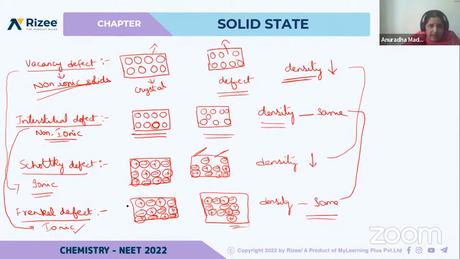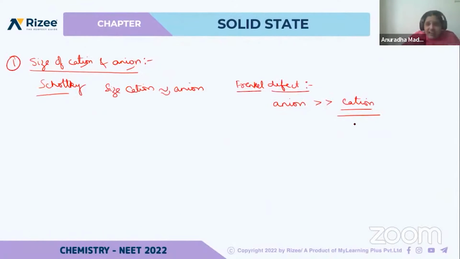Here what I am saying is, in Frenkel defect, either cation or anion shifts its position to interstitial positions. But in general, it is the cation that goes and sits in the interstitial site. If the cation size is small, then it can easily go and sit in the interstitial positions.